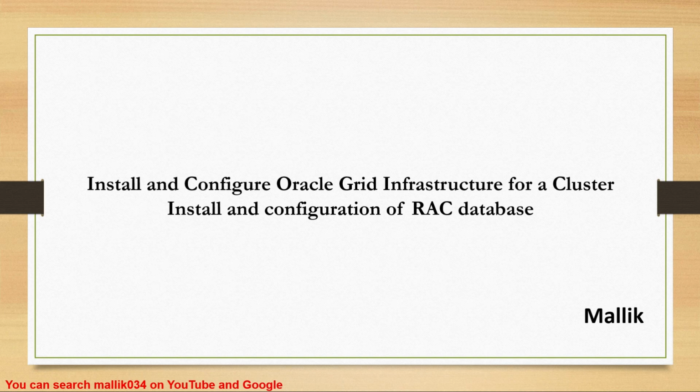Then how to create a forward zone and reverse zone, and how to do the DNS configuration, which you can achieve using your local virtual machine. This session covers A to Z from scratch for the configuration and installation of the grid infrastructure, and then the database installation.